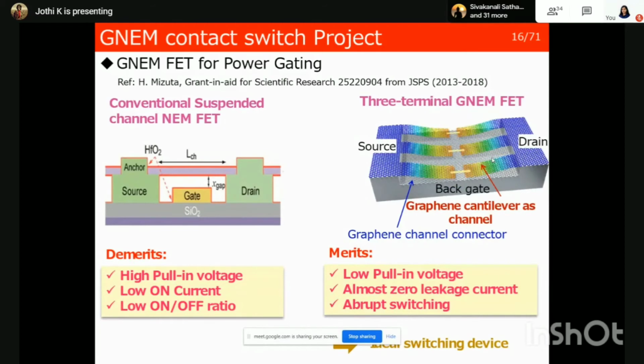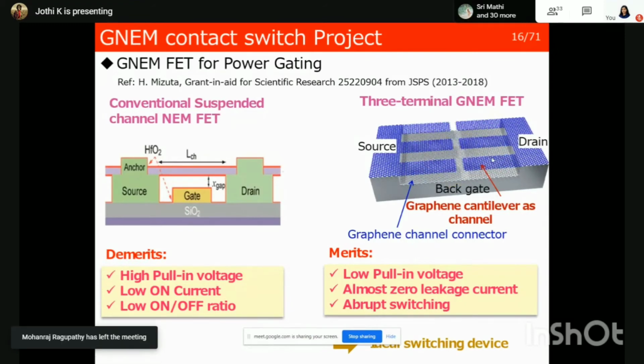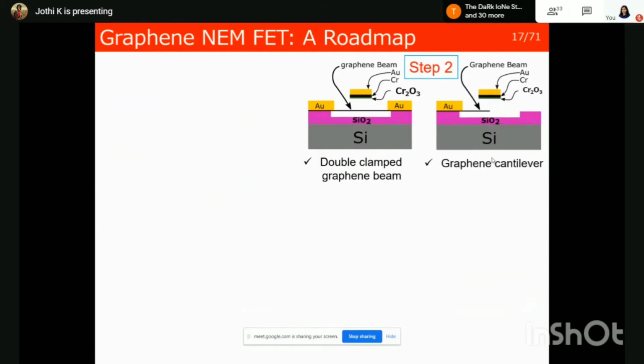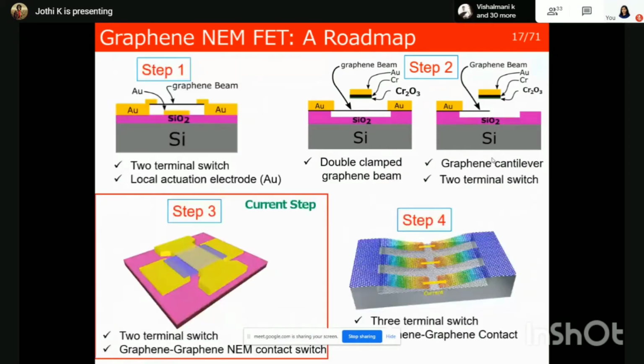This project is divided into 4 parts. Step 1 maybe looks a little awkward for a younger audience, those who are only at bachelor's and master's level, but I hope you can follow. This is a very simple structure.